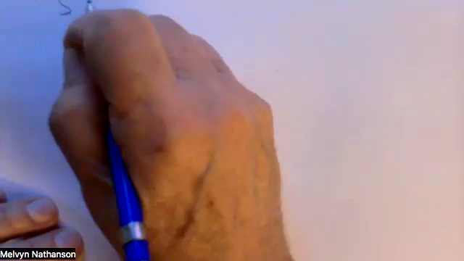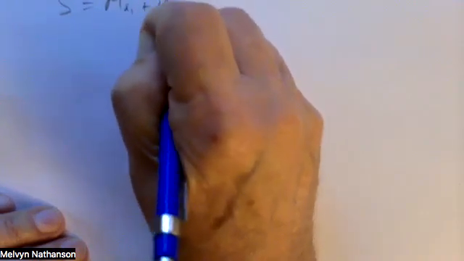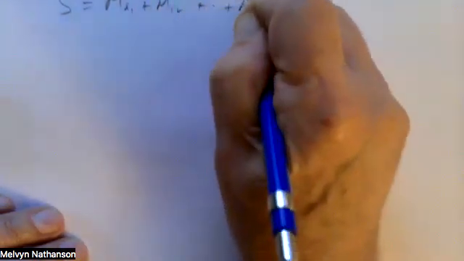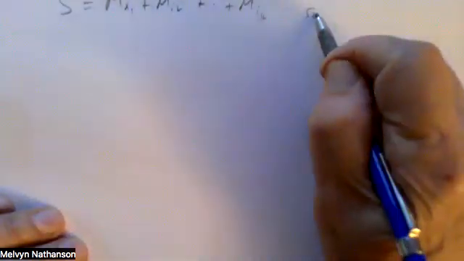Suppose S, let me do it the way I prefer. S is M sub I1 plus M sub I2 up to M sub I sub K. So these are the numbers, this is the subset sum.